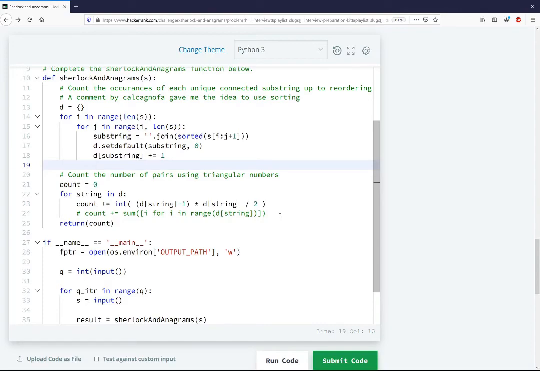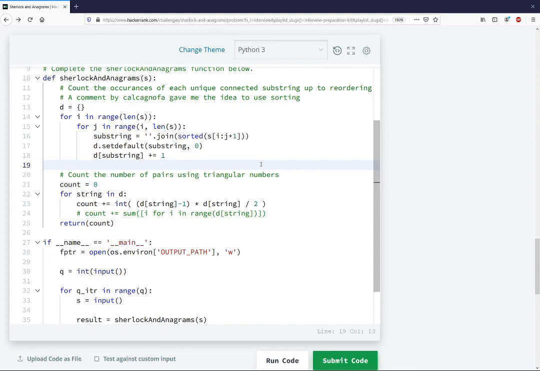And then again, knowing how to set up dictionaries is really important, of course, in the dictionaries section of the HackerRank challenges, but also just in general coding. Being able to set up dictionaries for exercises like this is really important. And then also knowing how to create sorted strings, which is something that I didn't know going into this exercise, and something that I needed to learn in order to solve it.